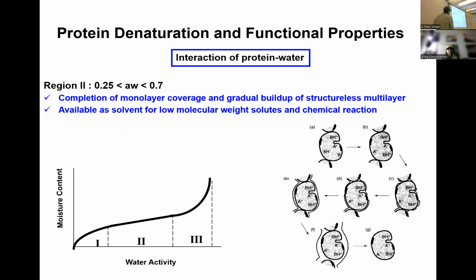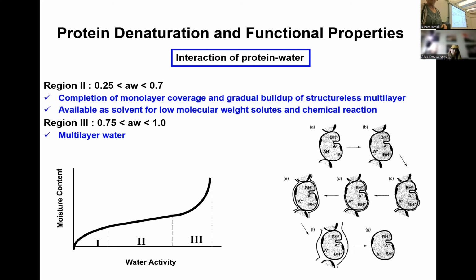So you start building up these layers of water. And this is available for chemical reactions and for solubilizing small solutes. And then you have the multi-layer water when you have really high water activity. And that's even more available for chemical reactions.